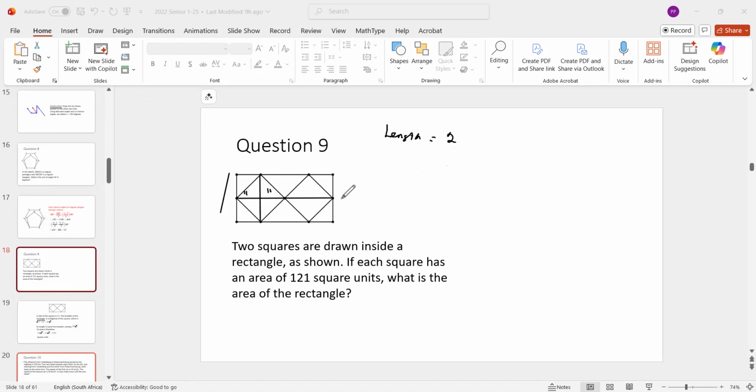That diagonal plus that diagonal. Let's call that D. So the length is twice D, and the breadth is just D.